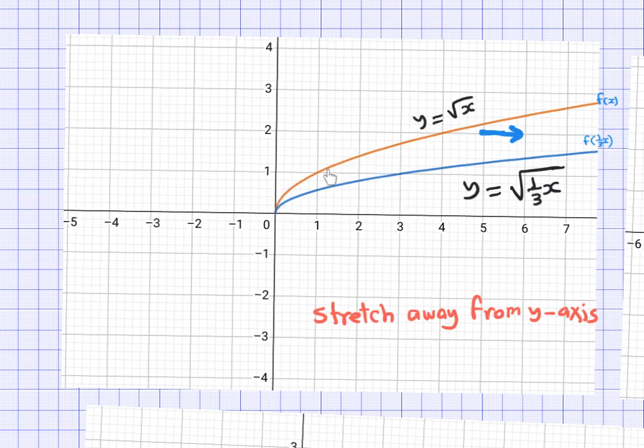This means the point will be away from the y-axis, stretch away from the y-axis. If you have point (x, y), this point will be (3x, y). So if you multiply x by 3, this will move away from the y-axis. This is called horizontal stretch.